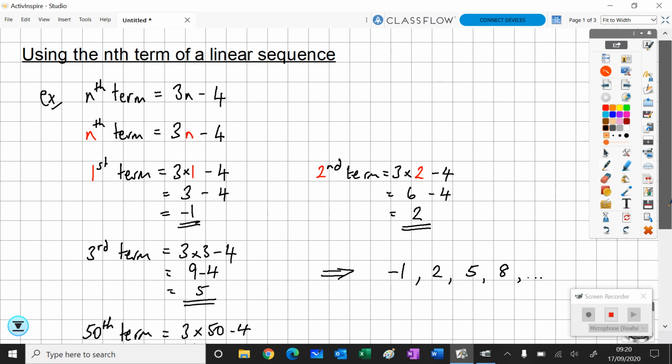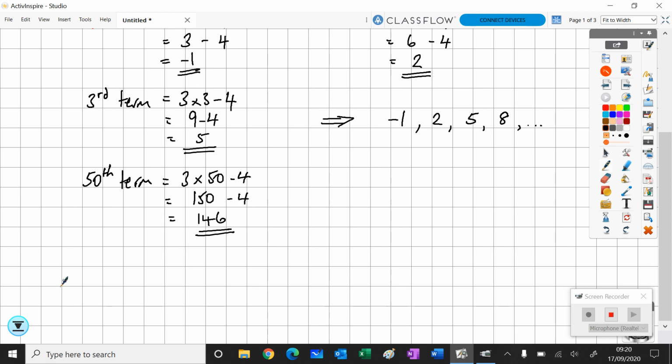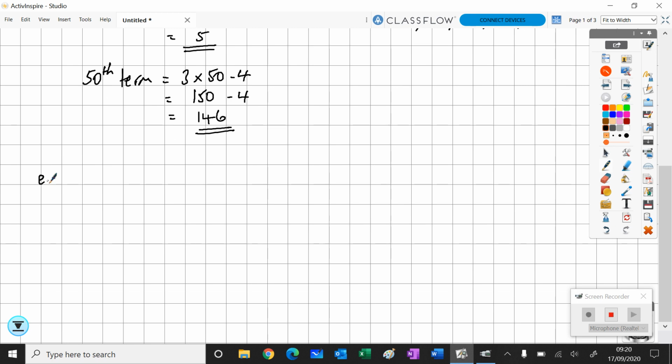There is another interesting type of question that you can ask, and it goes something like this. If a sequence has nth term equals, let's choose something else, 5n plus 7, is, let's pick a random number, 317 in the sequence?